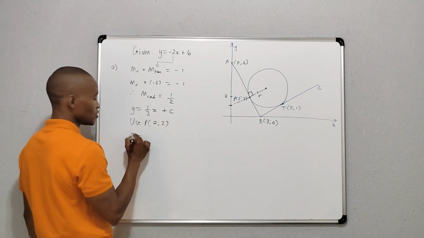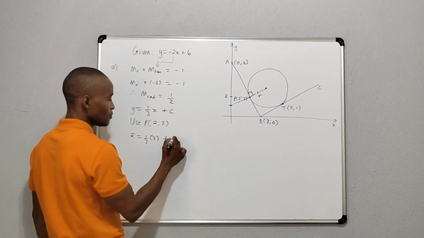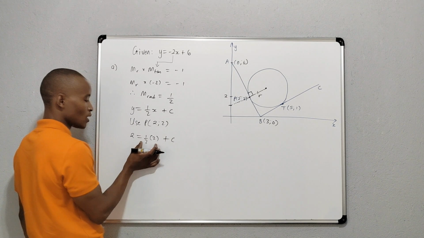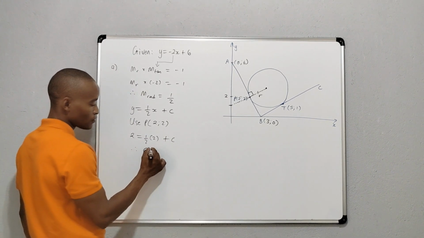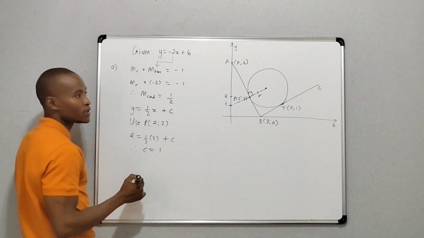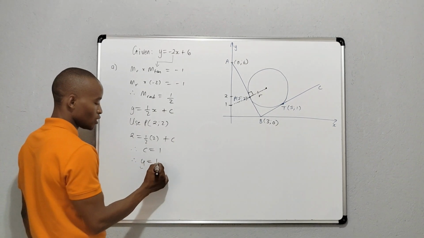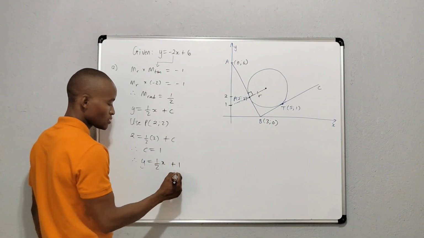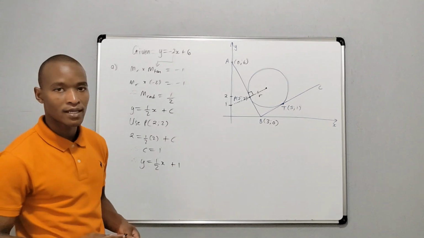So we have 2 equals half times 2 plus c. That gives us a 1. 2 minus 1 gives us 1, and therefore c is equal to 1. So to cut the y-axis at 1 makes sense. Therefore the equation is y equals a half x plus 1. And that takes care of part A.